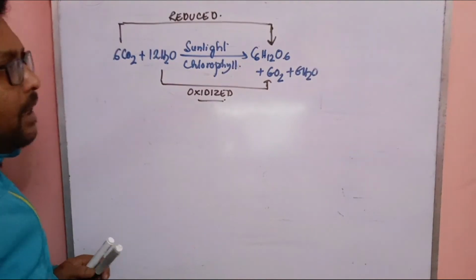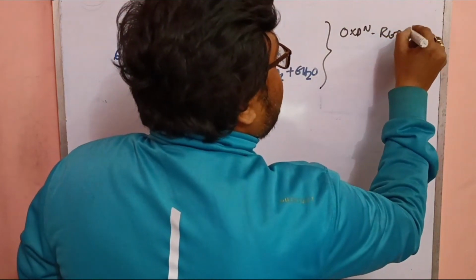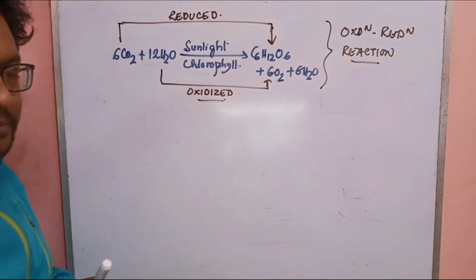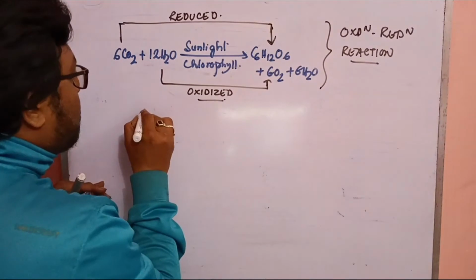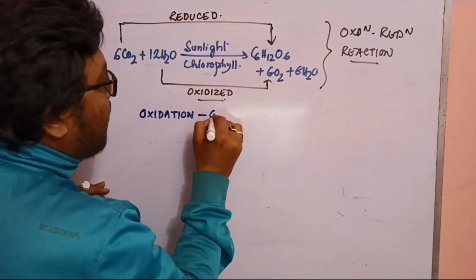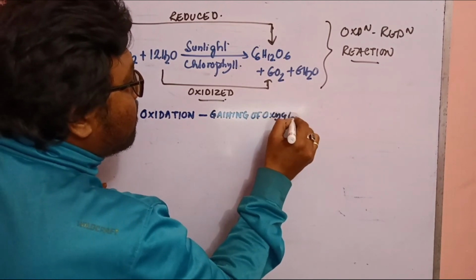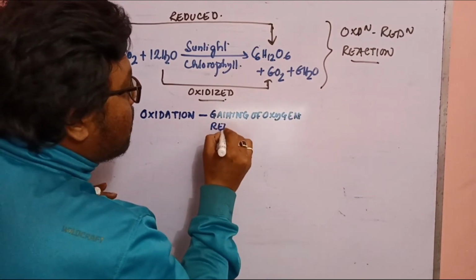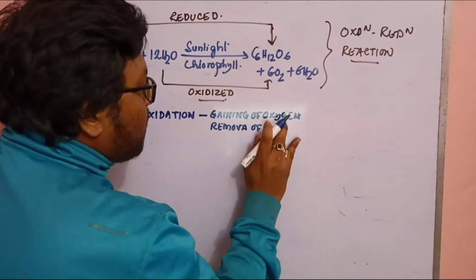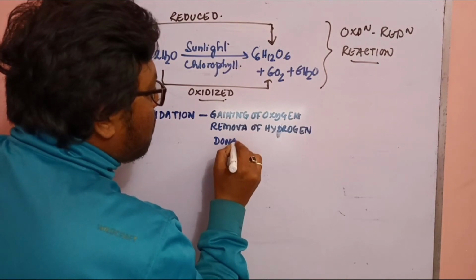It was said earlier that it's an oxidation reduction reaction. I will not go ahead according to the book right now. Basically oxidation, according to you, is gaining of oxygen, isn't it? Yes, sir. We can even say removal of hydrogen. Can we say that? Yes, sir. Now, can you tell me if oxidation also means donation of electron?